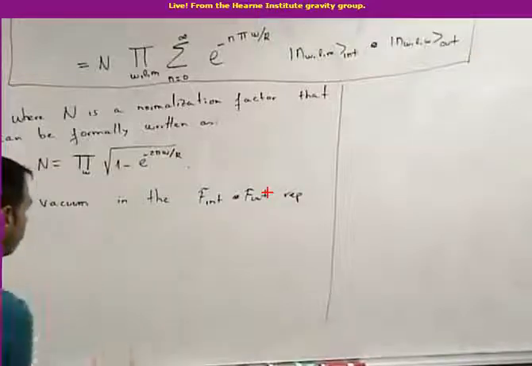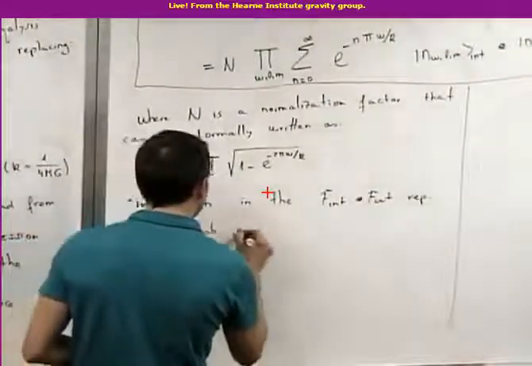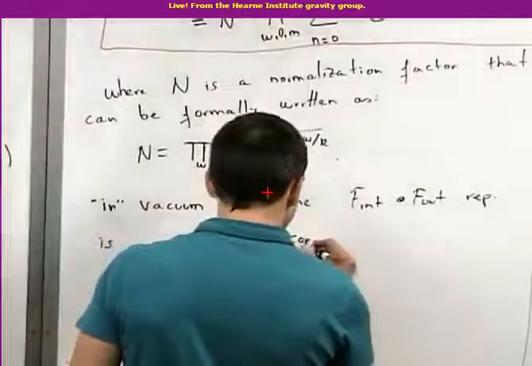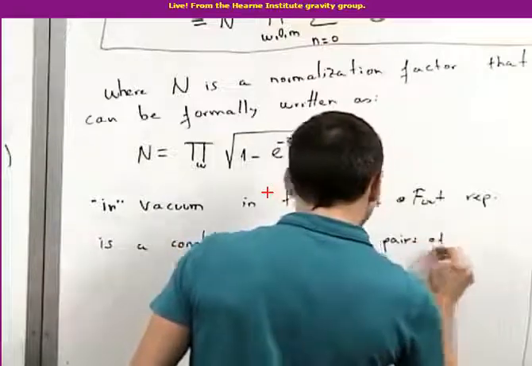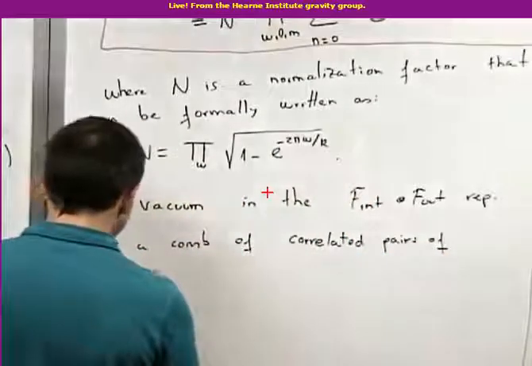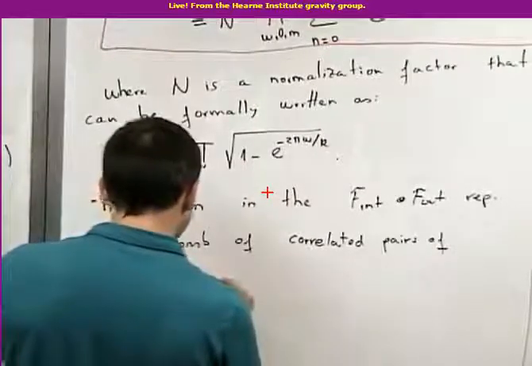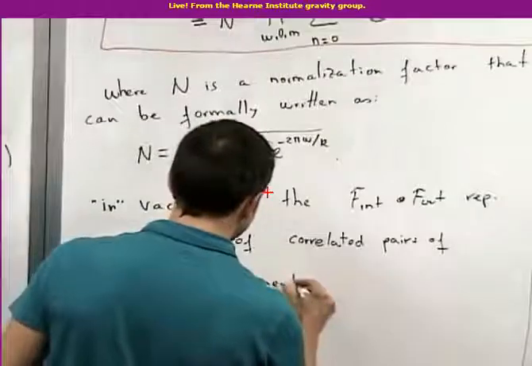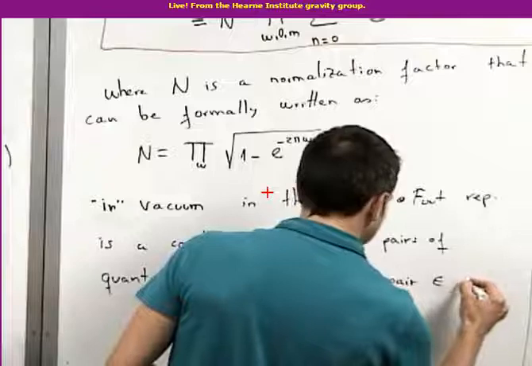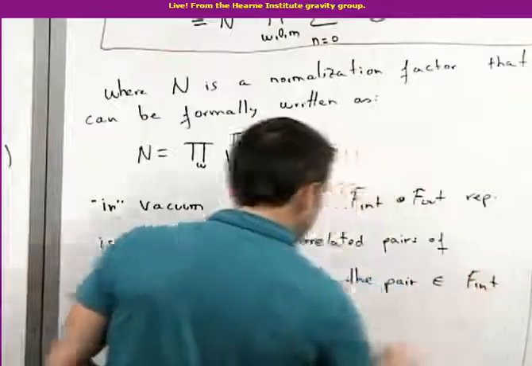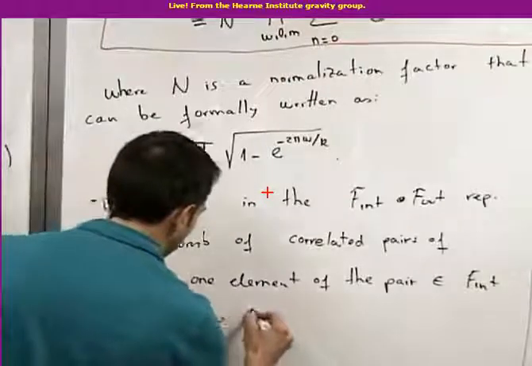So the in vacuum is a combination of correlated pairs of quanta, one element of the pair belonging to the int Fock space, the other to the out Fock space.